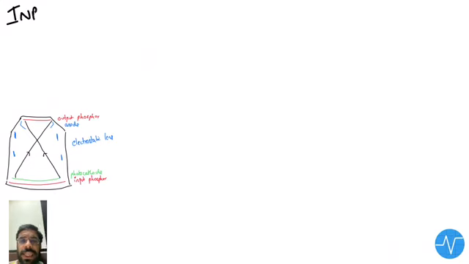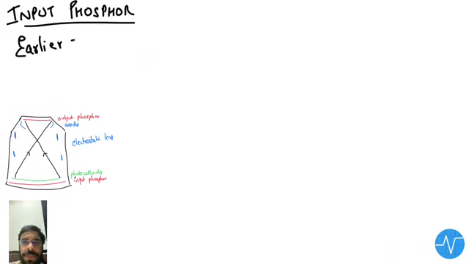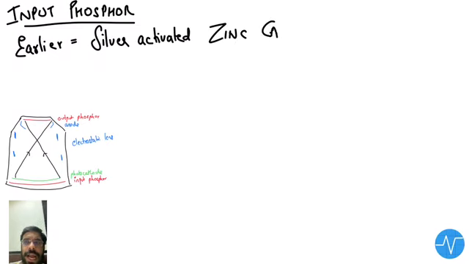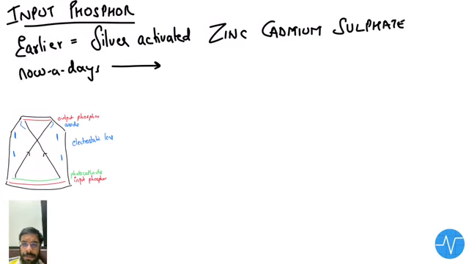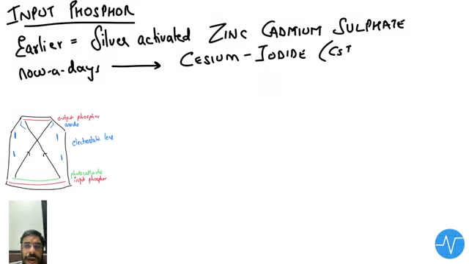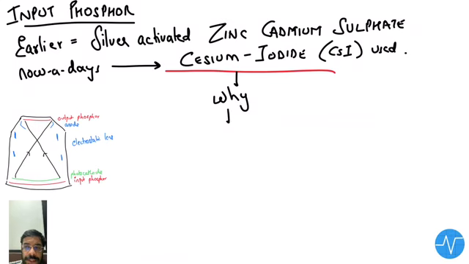Now let's start with each component of the image intensifier. First, the input phosphor. It was earlier made up of silver activated zinc cadmium sulfate, but nowadays we use cesium iodide. Now why do we use cesium iodide?